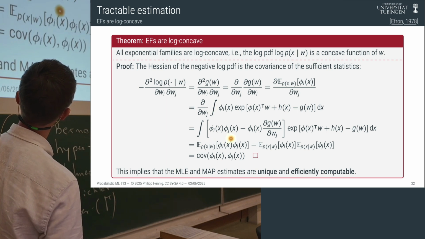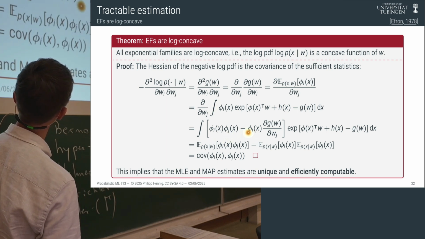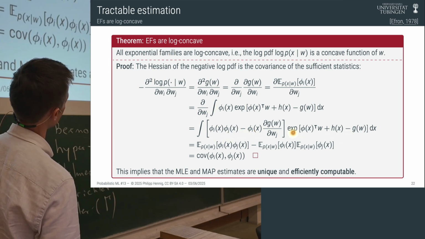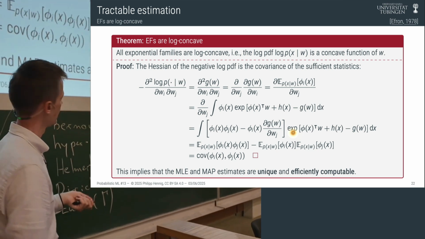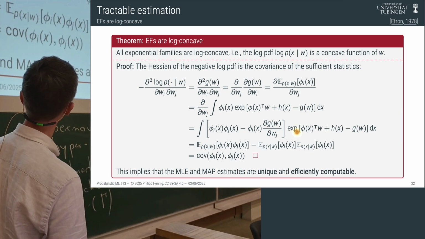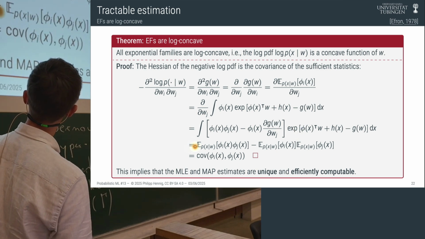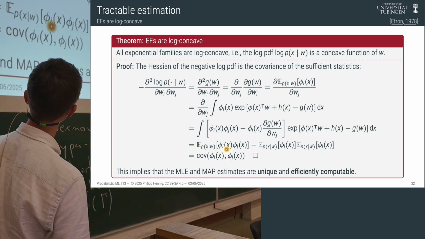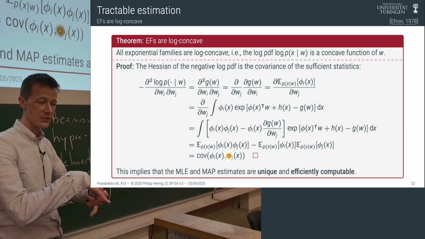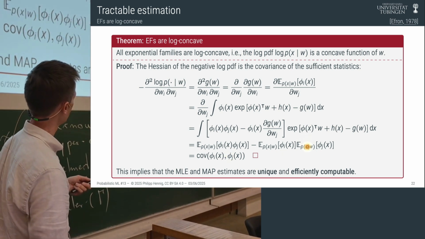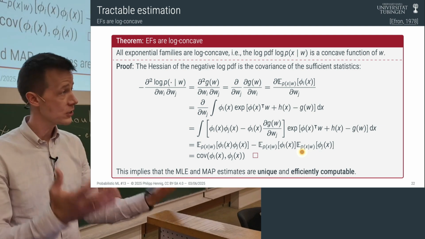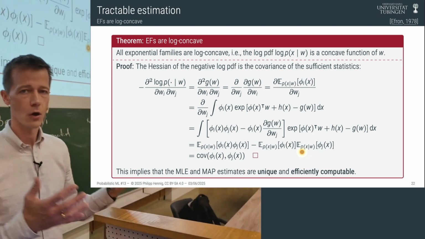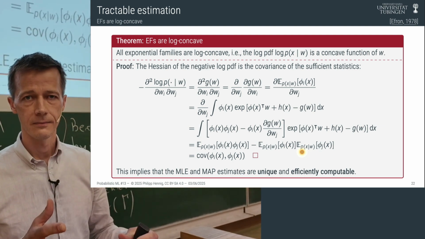Then we apply the chain rule, a bunch of things in here. It's just standard differential calculus. I'm not going to do this term by term. You can convince yourself afterwards. And you'll find that what you need to compute is the expected value of the outer product of the sufficient statistics minus the outer product between the expected values of the sufficient statistics, which is the statistical definition of a covariance.